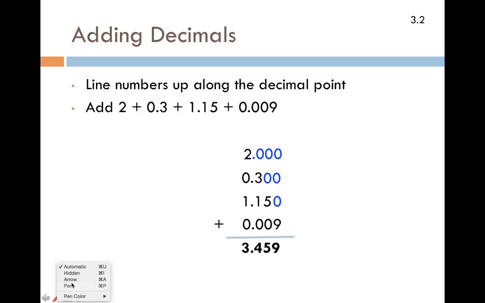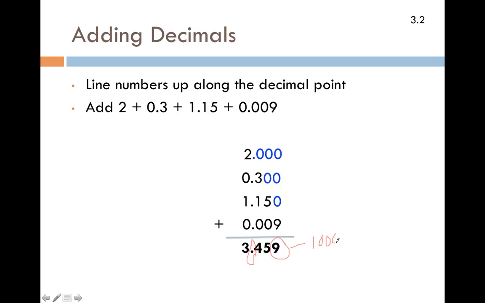Now notice when I said that word and, I said that word and because of the decimal here. Okay, so the word and is another word that means there's a decimal. So 3 and then I read the number behind the decimal is 459. And then I took that last place value right here. That's the thousandth place value. Okay, so at the end, that's a thousandth. So that's the way it gets stated.